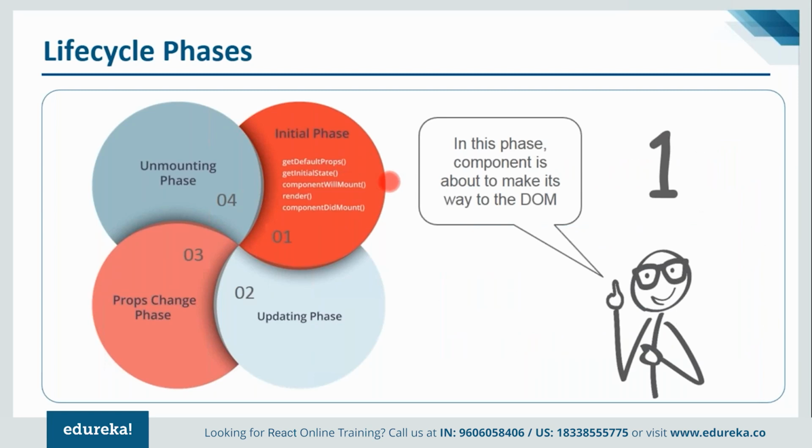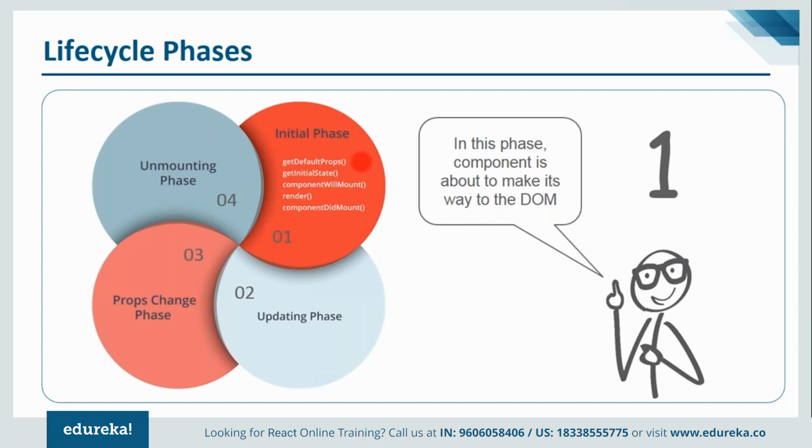And starting off with the first phase, in the initial phase, the component is just about to make its way to the DOM. All right, now is when it's just gotten invoked, but it has not been passed on to the DOM. Okay. And this phase will have 5 important methods. The first method is getDefaultProps. Now this method allows you to specify the default value of this.props.